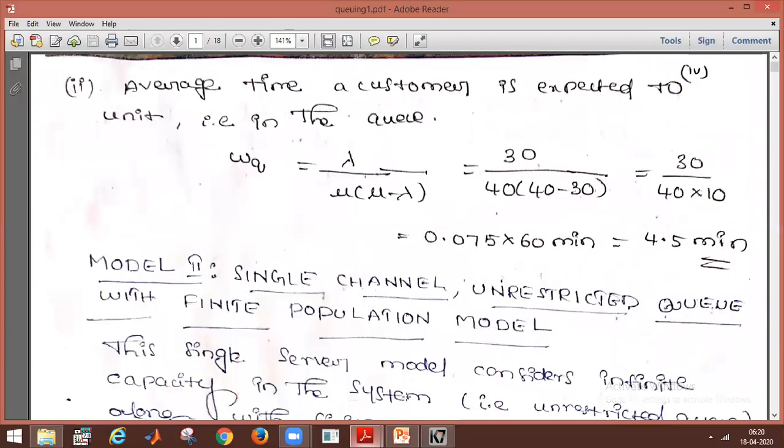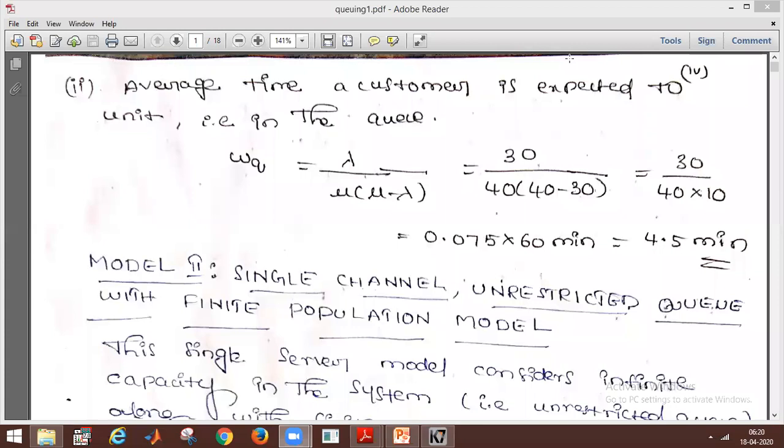So, Model 2 indicates the single channel unrestricted queue with finite population.